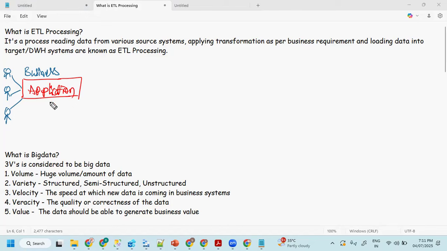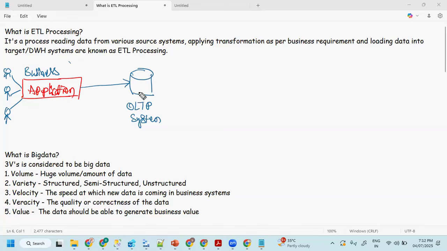What these people are going to do is have a system called an OLTP system. OLTP means online transactional processing system. They're going to keep the data in this database. This application is always going to interact with this system.